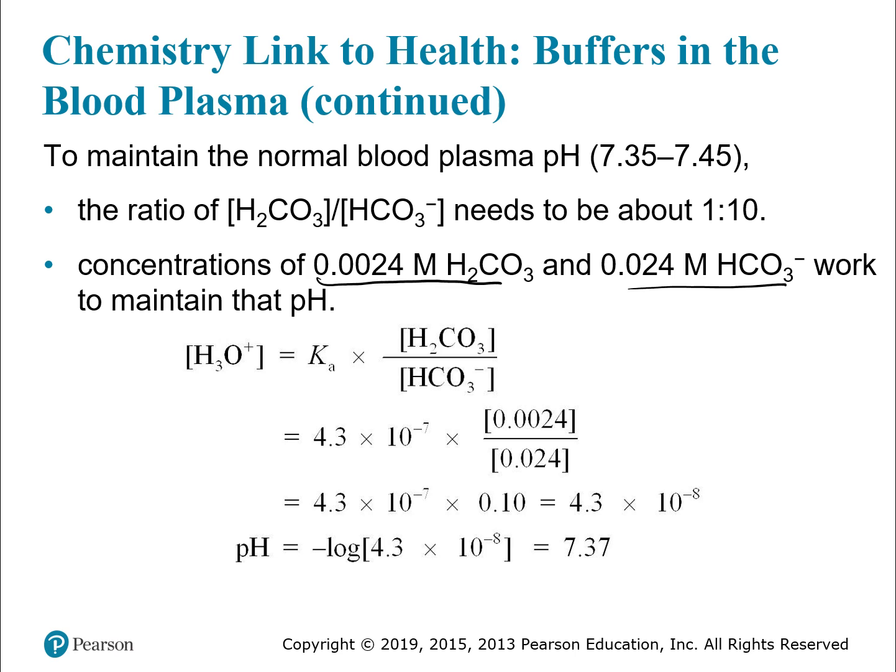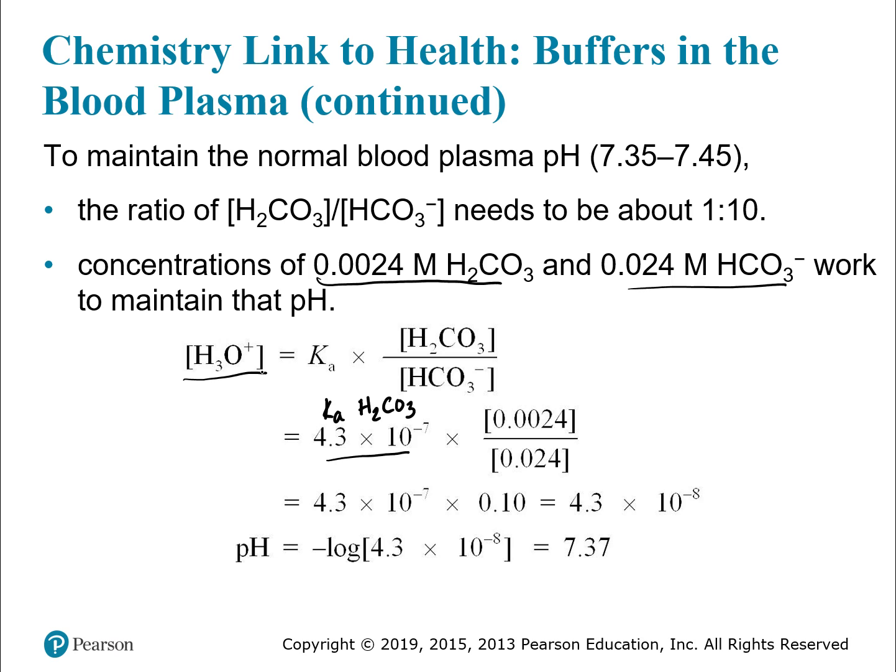You can take those and do the math as long as you have the Ka. So this is the Ka for carbonic acid. You can do the same type of calculation that we did in that sample problem, where you rearrange the dissociation expression to solve for the hydronium concentration.